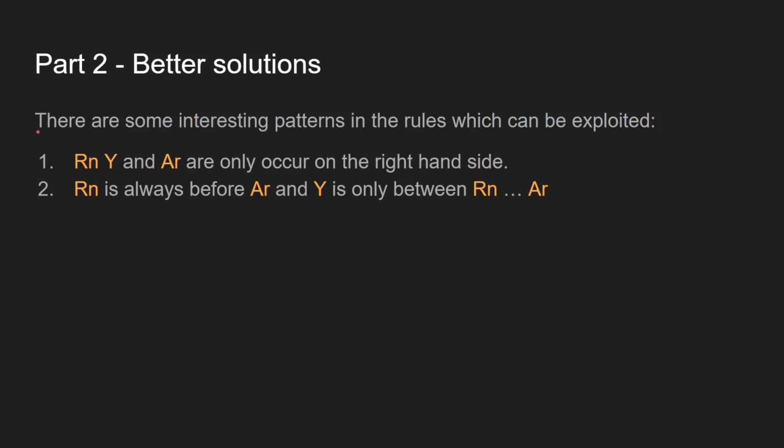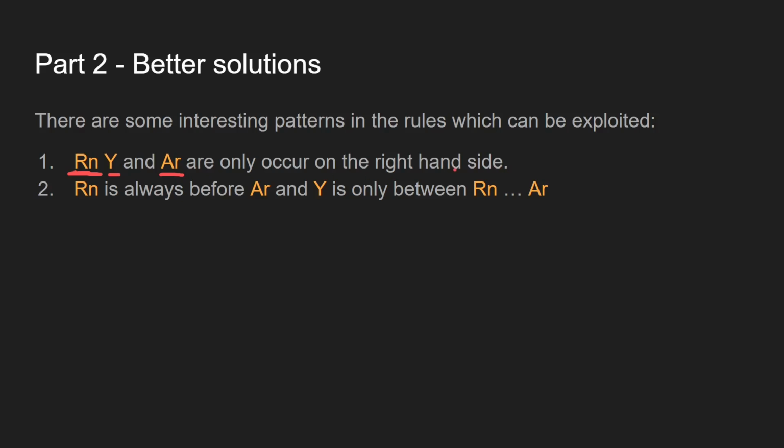I was reading a bit about how others solve this problem, and there are some interesting patterns you can discover in the rules. So the fact that Rn, Y, and Ar, these are separate tokens, they only occur in the right-hand side part of a rule.